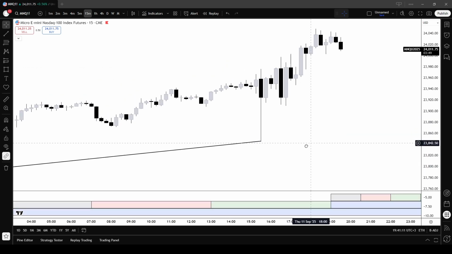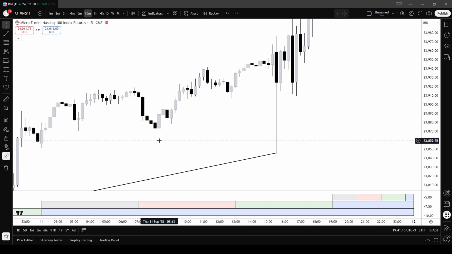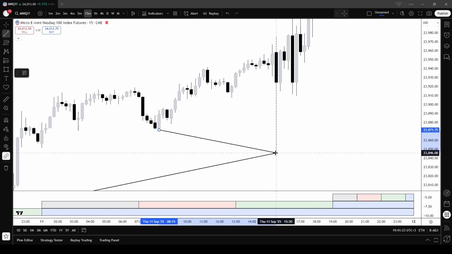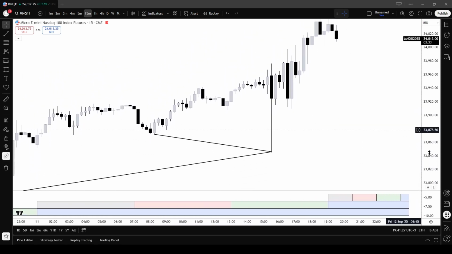As you can see here, we also had an SMT between London and New York on the 50 minute, which is also a very powerful confluence.